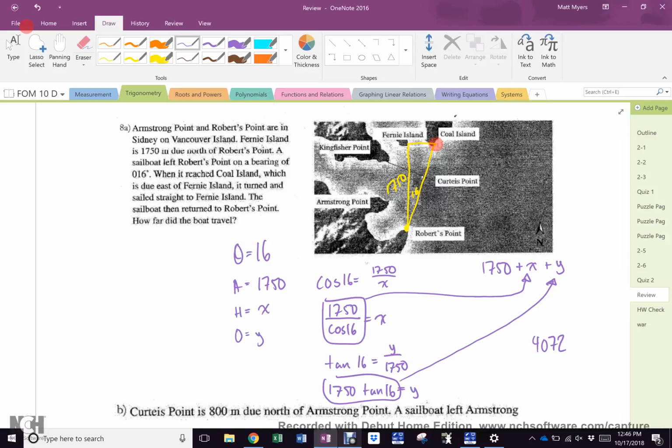All right. Remember, this is going to be out of 3. To do this question successfully, you needed a triangle, whether you drew it properly or not. 249,900. Yeah, now square root that. 501.